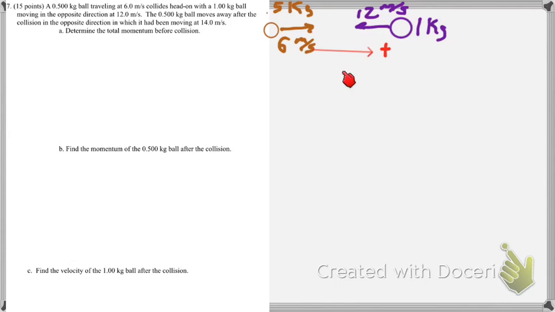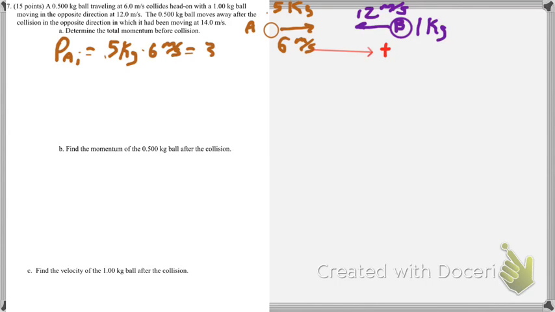Choosing the other direction as positive would make this problem a little easier, but you could choose whichever direction you want. Choosing this direction as positive, I have one velocity at 6 meters per second and the other at negative 12.